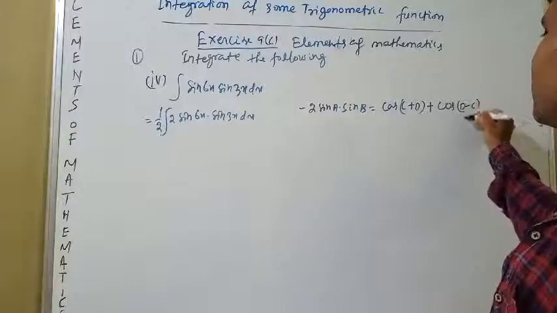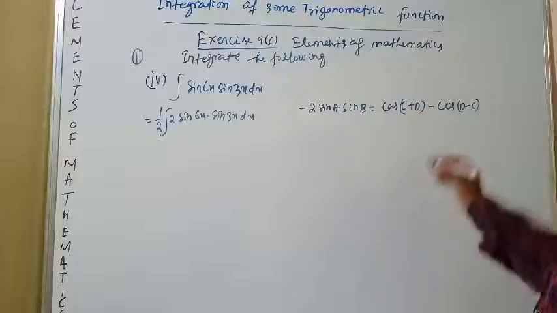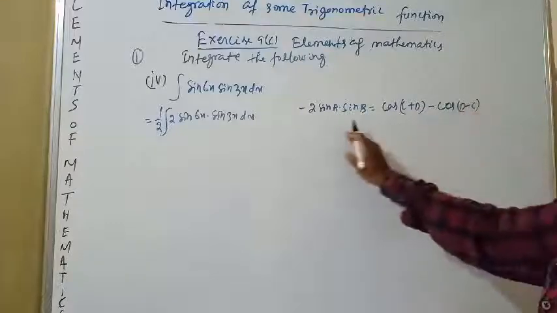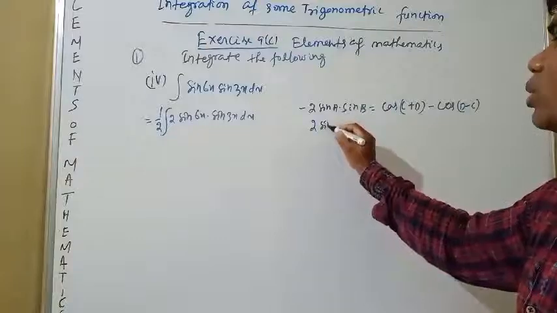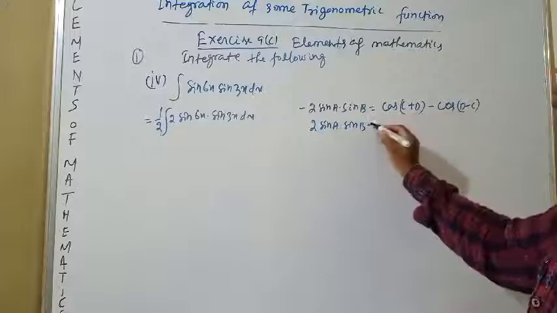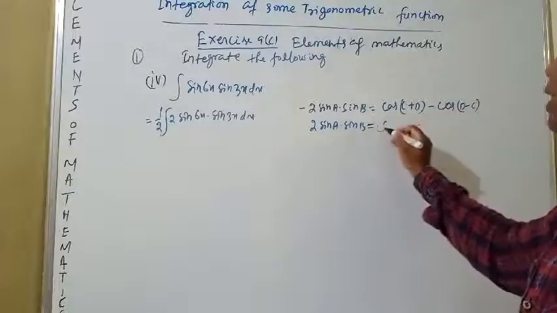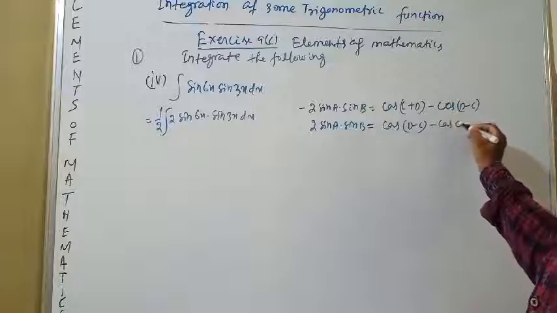Here we need 2 sin a into sin b, which I can write as cos d minus c minus cos c plus d.